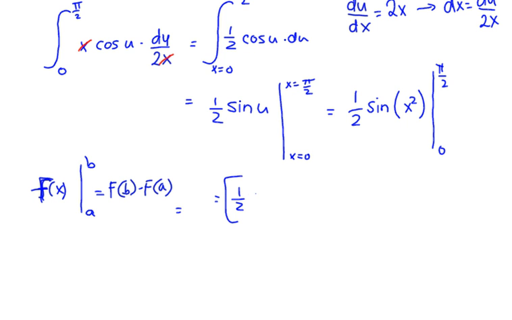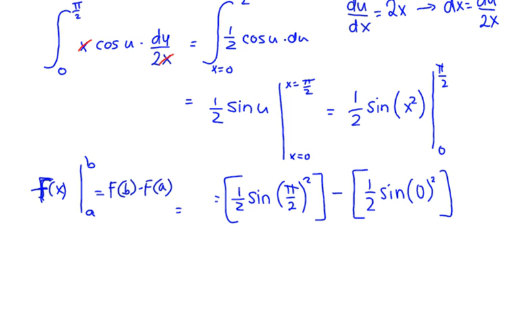So what is 1/2? So we have 1/2 sine. Which one is going to be squared first? Pi over 2 squared. Oh, this is ugly. This is not going to be an exact value necessarily. Then 1/2 sine of 0 squared.